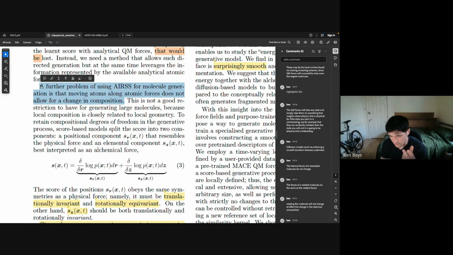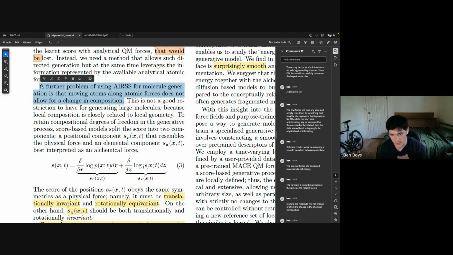You can't have a fixed functional form of an energy, because if you did, then the dimensions of the input cannot change. So if you have a fixed functional form, you need to set the number of atoms to be fixed. So you need to generate molecules of, say, 9 atoms, and you can't move out of that framework.